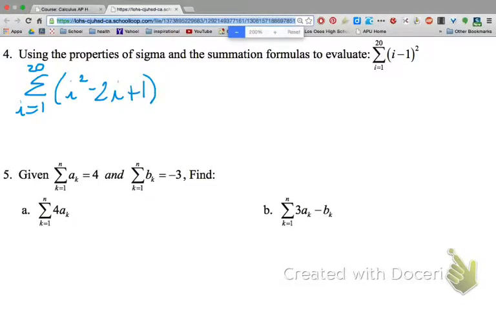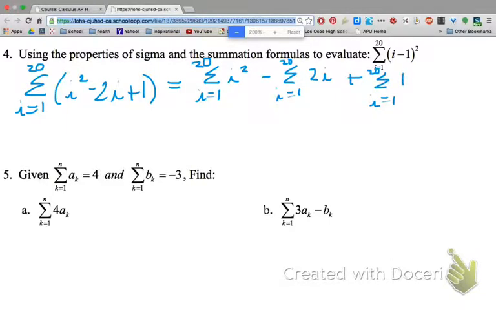And then remember, by my second summation property, I'm allowed to split these up. So I can do each piece by itself, which is going to come in really handy, because individually, I can do every single one of these pieces.